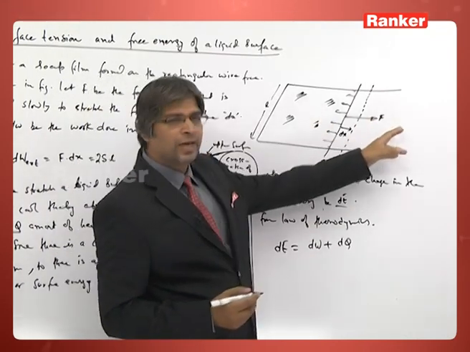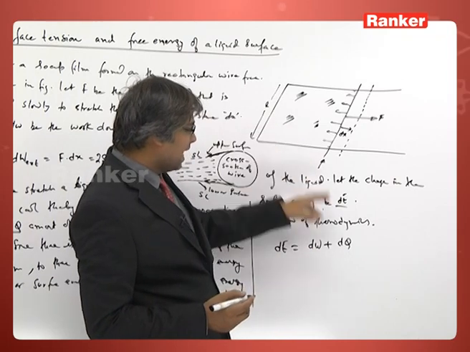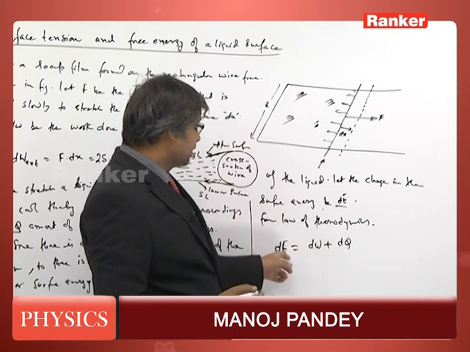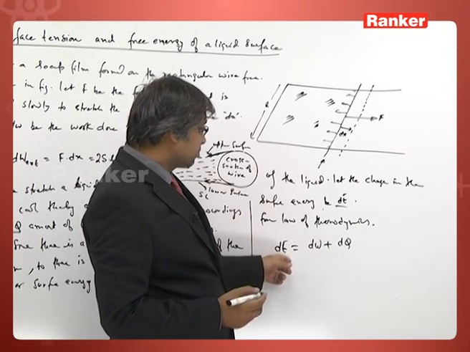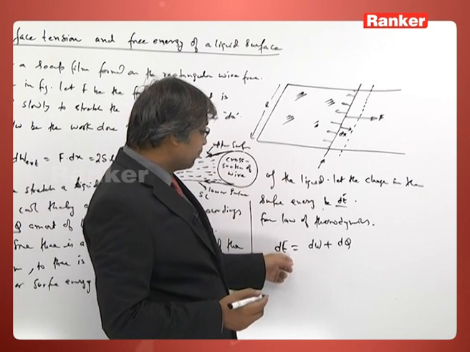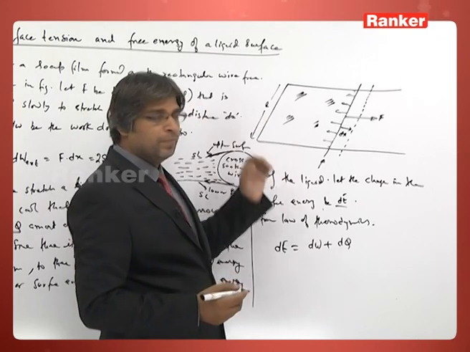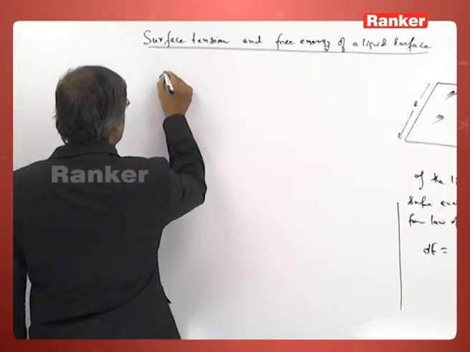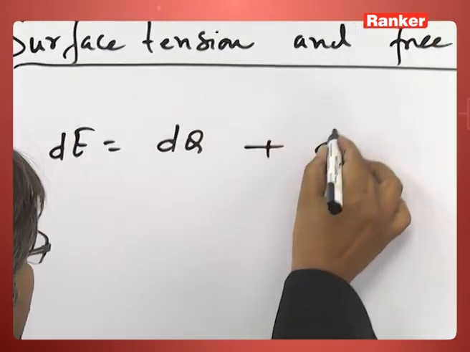I am giving some work, and that goes into the energy of the surface, and it absorbs dq amount of energy from the surroundings. This surface energy is the potential energy of the film. So, we have an equation: dE is equal to dq plus dw.